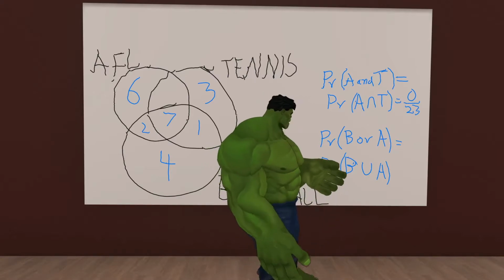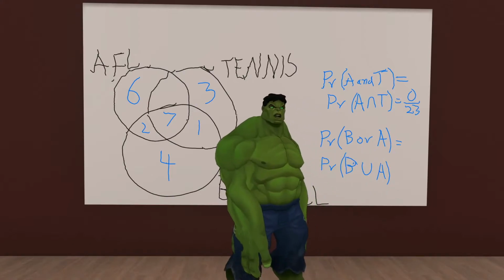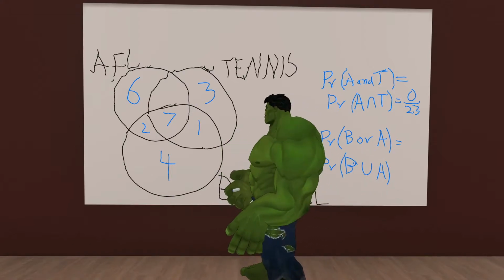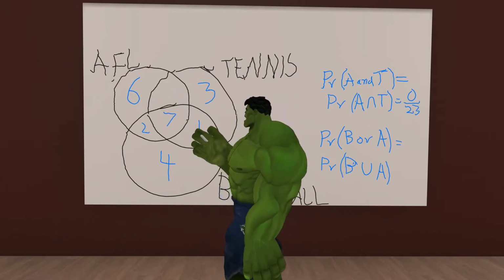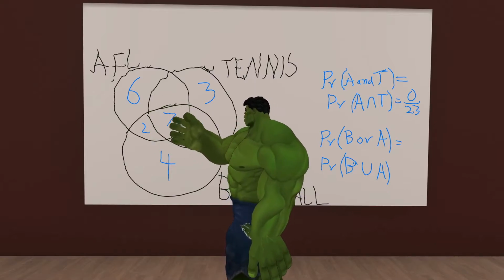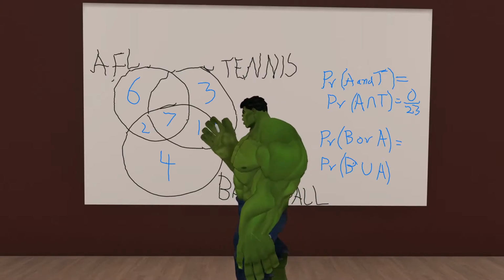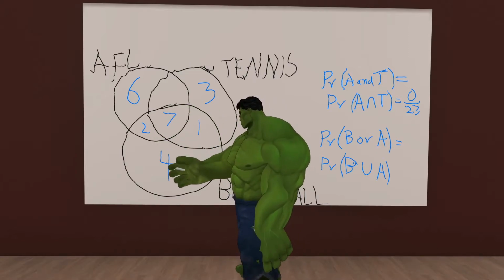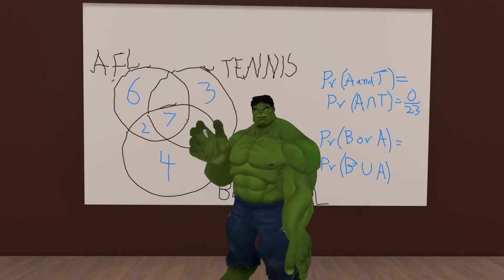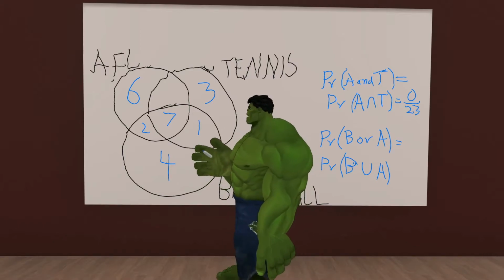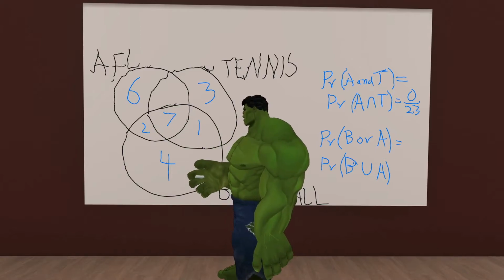So how many people are in the basketball circle or the AFL circle? Let's have a quick look here. So how many people in the AFL circle? We have 6, 2, and a 7. And how many people are in the basketball circle? We have a 2, a 7, a 1, and a 4. Now here's where you have to be careful. You do not want to add the same number twice. So here we have 6 plus 2 plus 7.